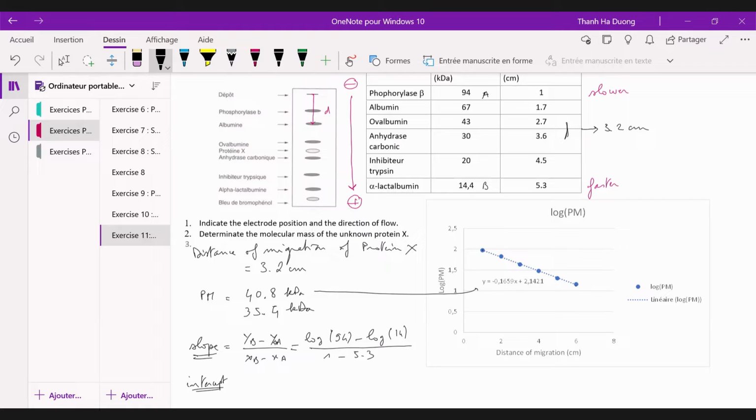For example, you take 1 point. Now you have the slope, so you can find the intercept, right?